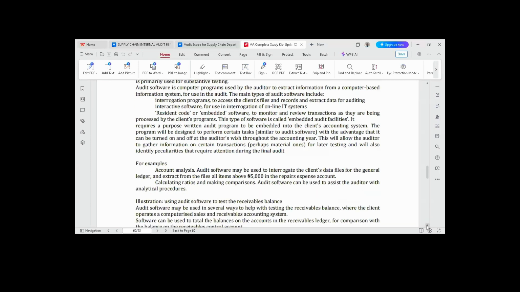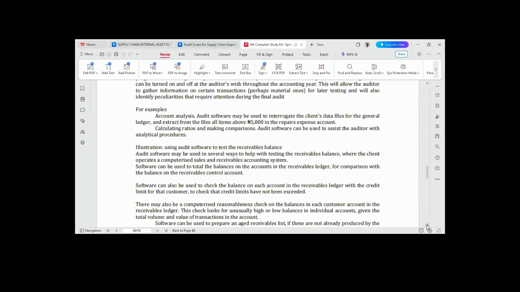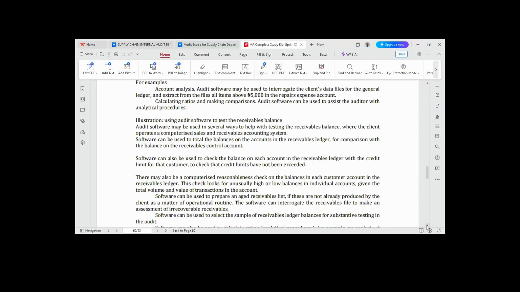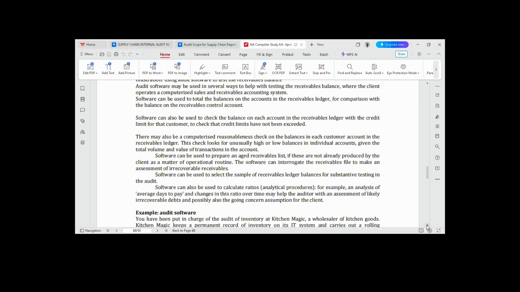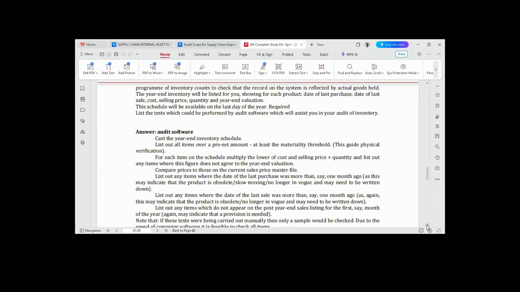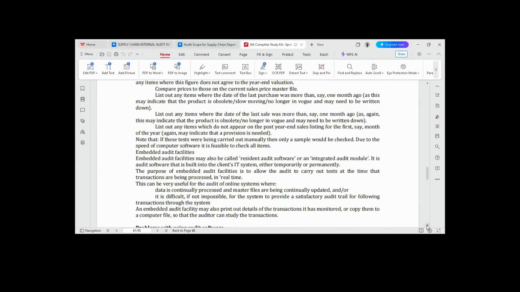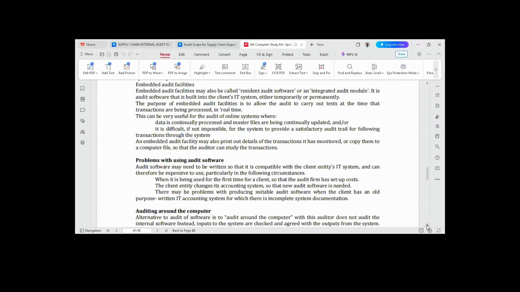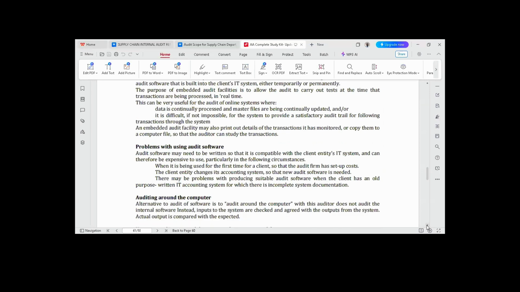Now, those are the audit software. Now, we also have the CAT, the test data. To come back to look at this question, we also have the test data. Now, the test data is different from audit software.